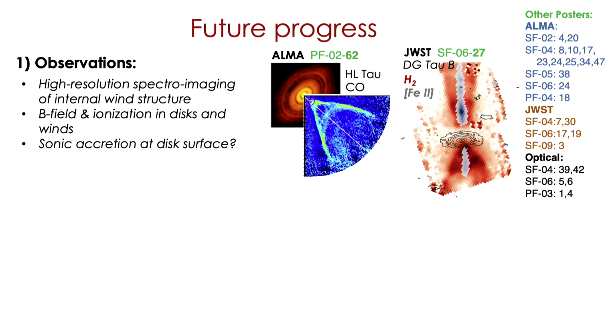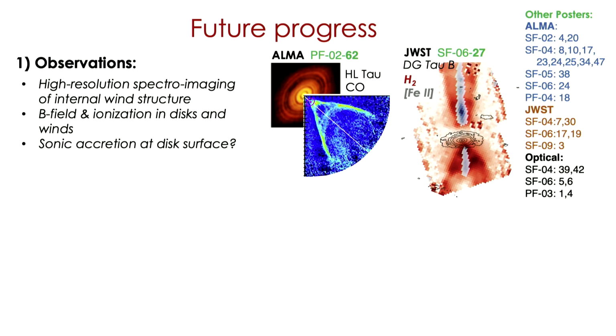There are also, with JWST, we're able now to probe the H2 component of these flows and also different atomic lines from the jets. So it's bringing us, again, a different view, an intermediate temperature regime between the jets and the CO. That is going to be very interesting to study. Again, that's one example of a poster.